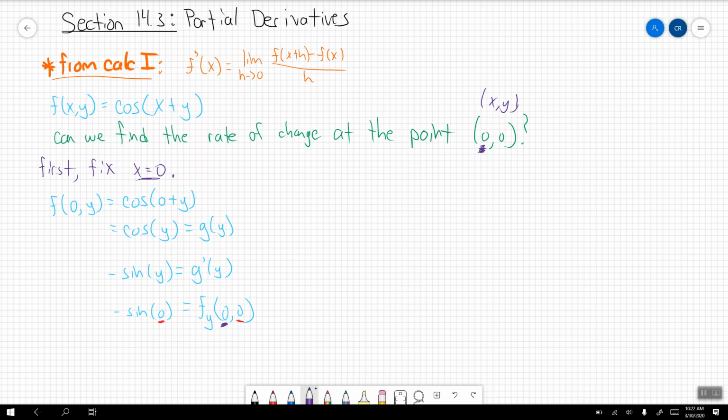Now, it's possible to have more directions for these derivatives. The next direction that we're going to look at is, next, we're going to fix y is equal to 0.